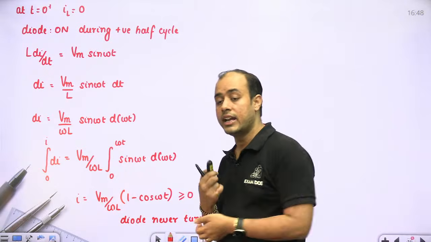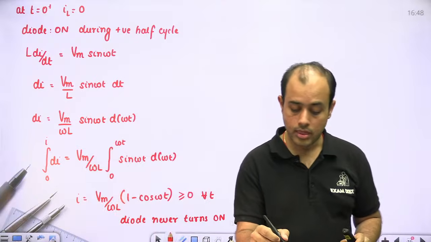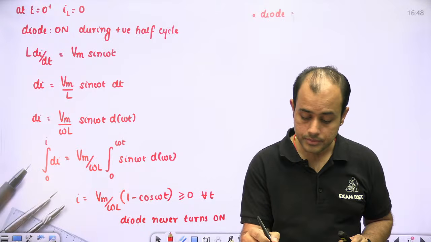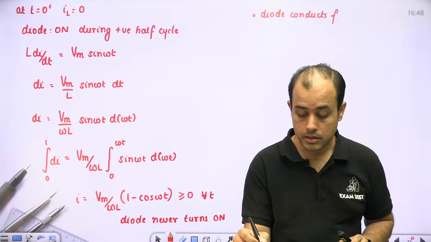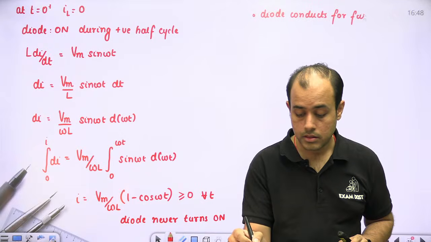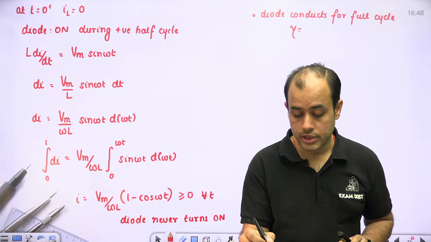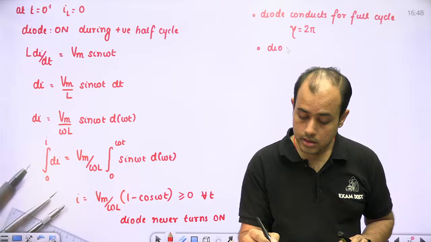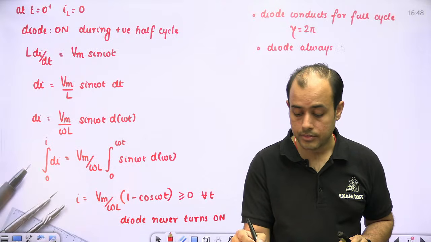So we say diode conducts for full cycle. ठीक है? Diode conducts for full cycle. Therefore, conduction angle is 2 pi. And diode always remains short circuit.